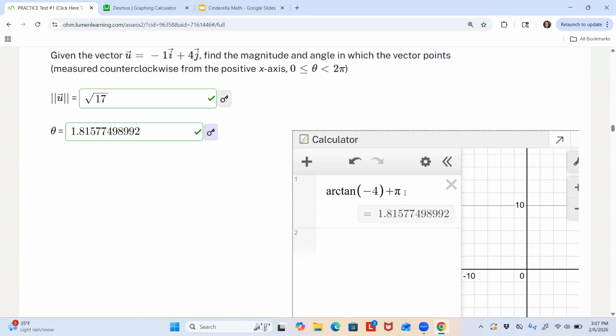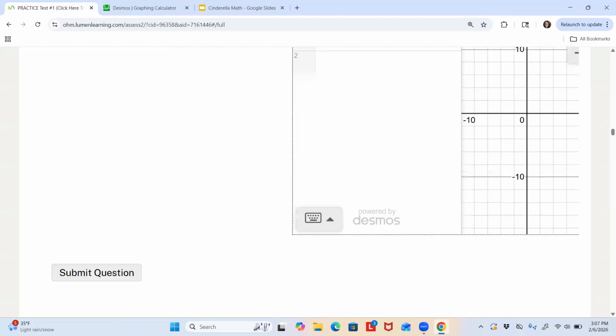So again, it was a negative answer, and I just added pi to get another angle that would have the same tan. And again, I tried to just do arctan negative 4, but I guess they didn't like that because it technically came out negative, and they wanted a positive angle. Okay, so I'm not totally sure on the why of that one.